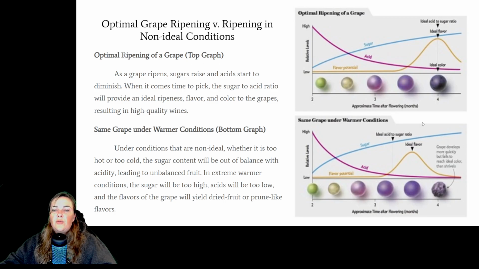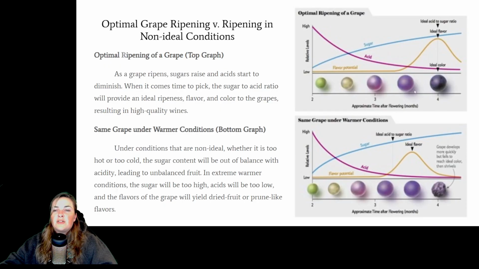Okay, here we have a representation of what optimal ripening of grapes is compared to unoptimal situations, right? So this top picture here, we have a graph of how the berries look through their development. They start very green and hard, and they start to expand with water.